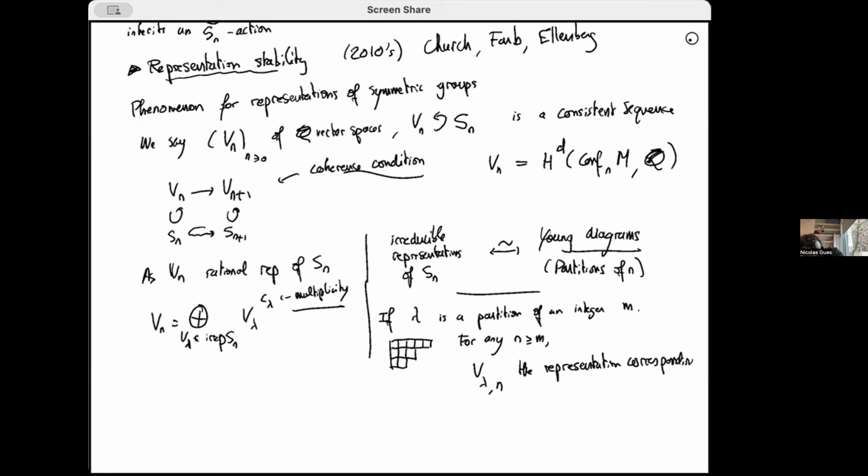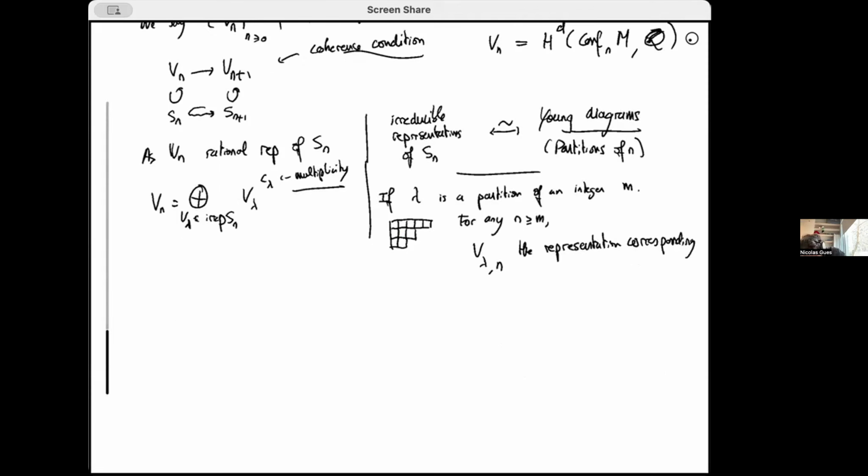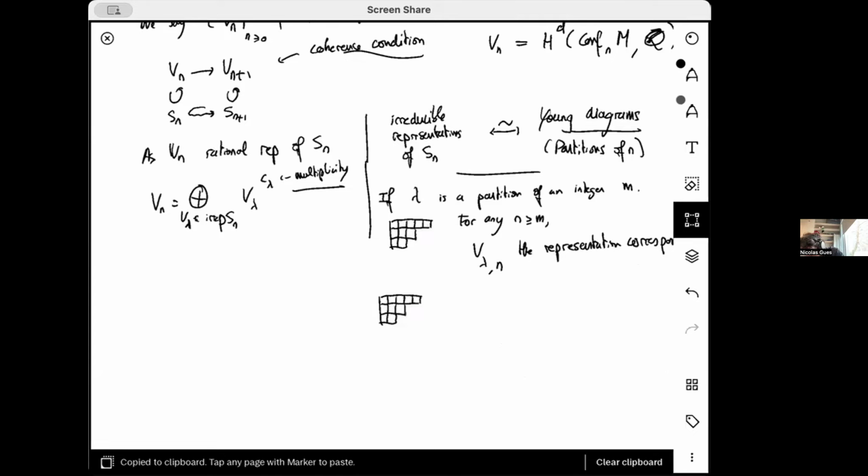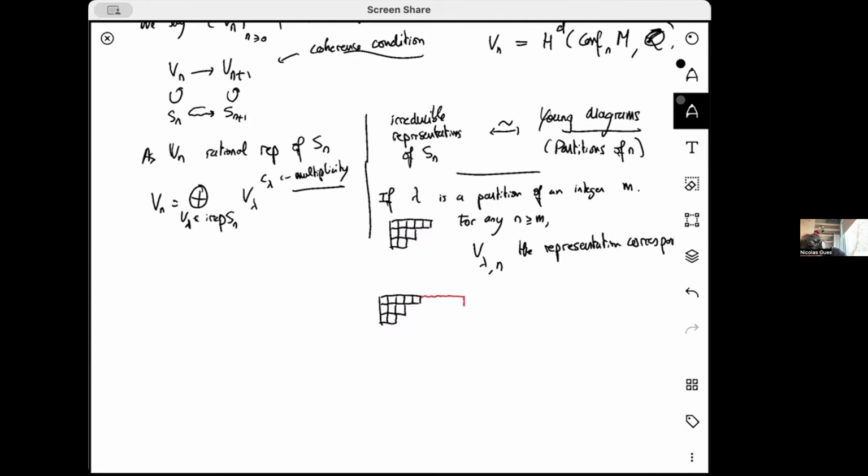Not to lambda, because lambda is a partition of m and not of n, but I can simply take this Young diagram and add a bunch of boxes on the top line until I get a partition of n. So with a single partition lambda, I can define representations of any symmetric group.